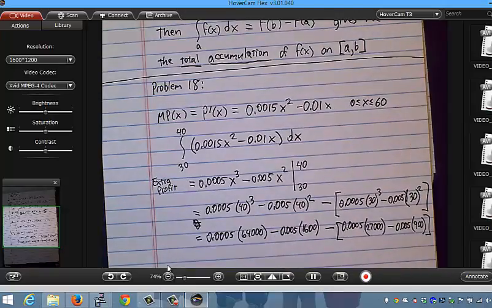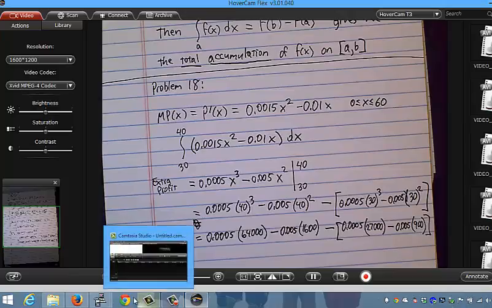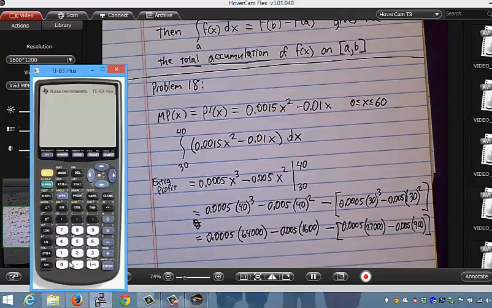So let's see. At this point, it's time to use a calculator. Go to the home screen. 0.0005 times 40 cubed. I guess I could have gone to the home screen last line, right? It makes sense, just to double check everything. Minus 0.005 times 40 squared.